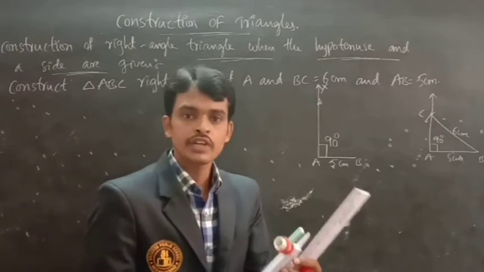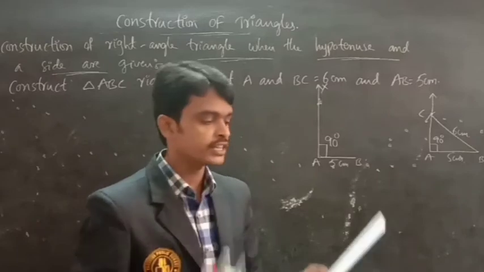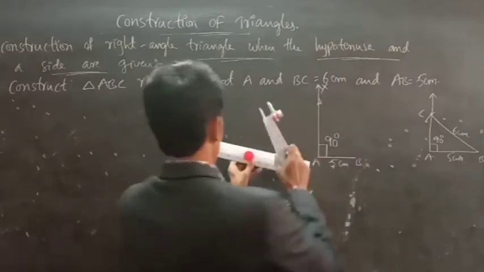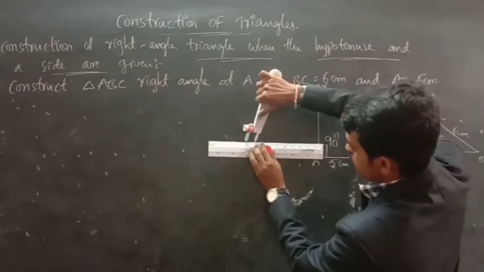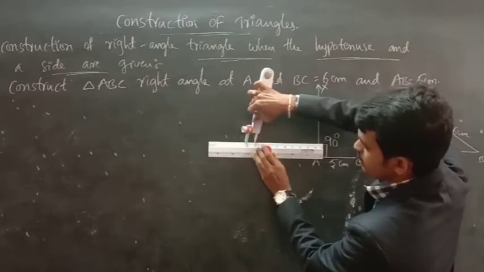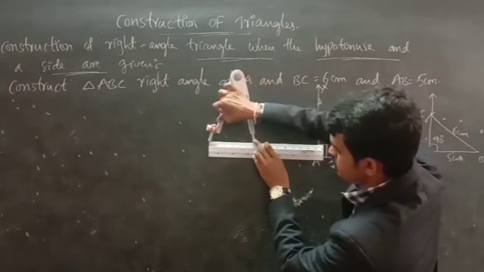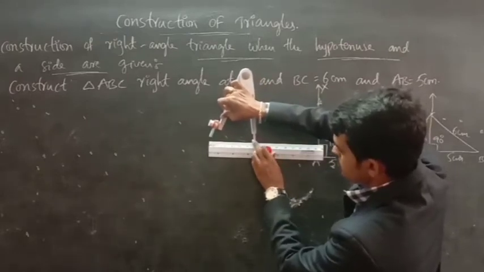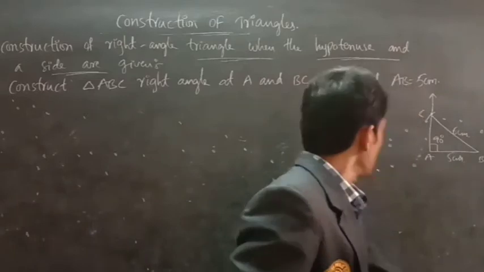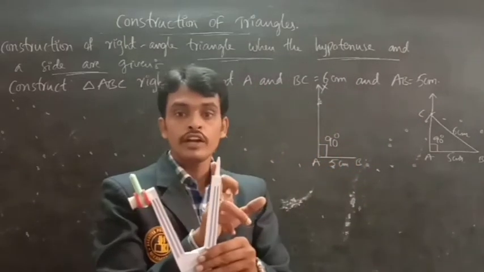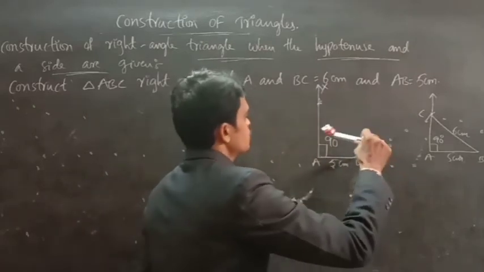So now we should take the measurement, radius 6 centimeters, by using a compass and ruler. Here this is 6 centimeters. Now take the exact measurement, 6 centimeters. Now the pointer of the compass we should place at the center B, and we should draw an arc.